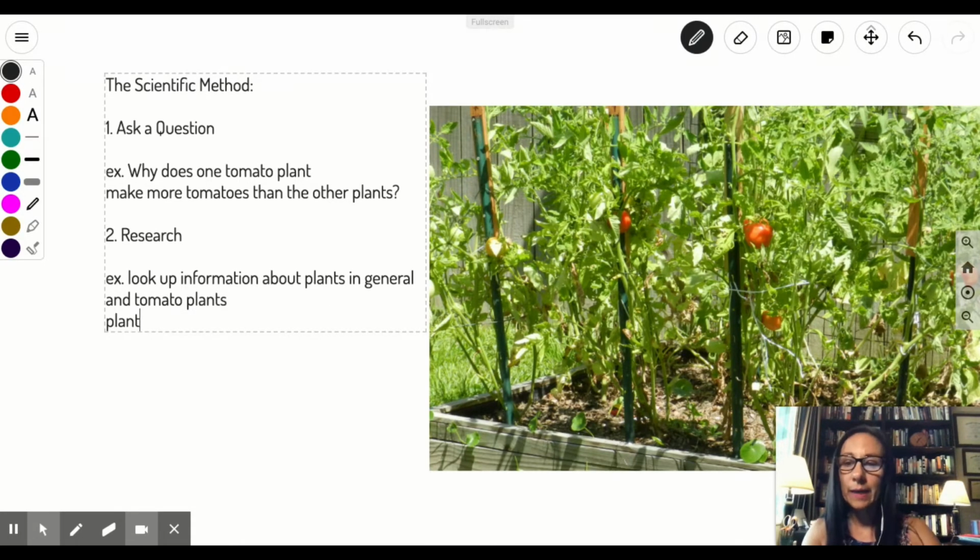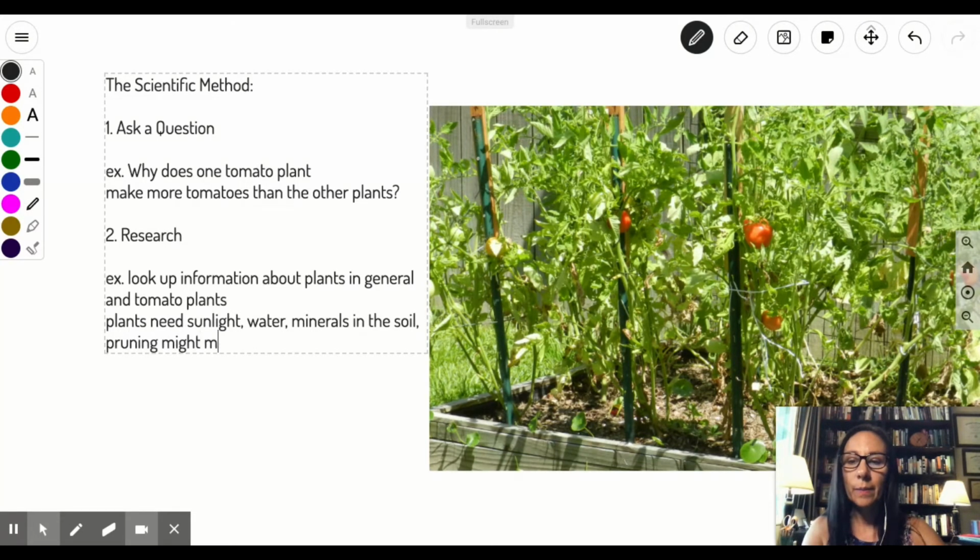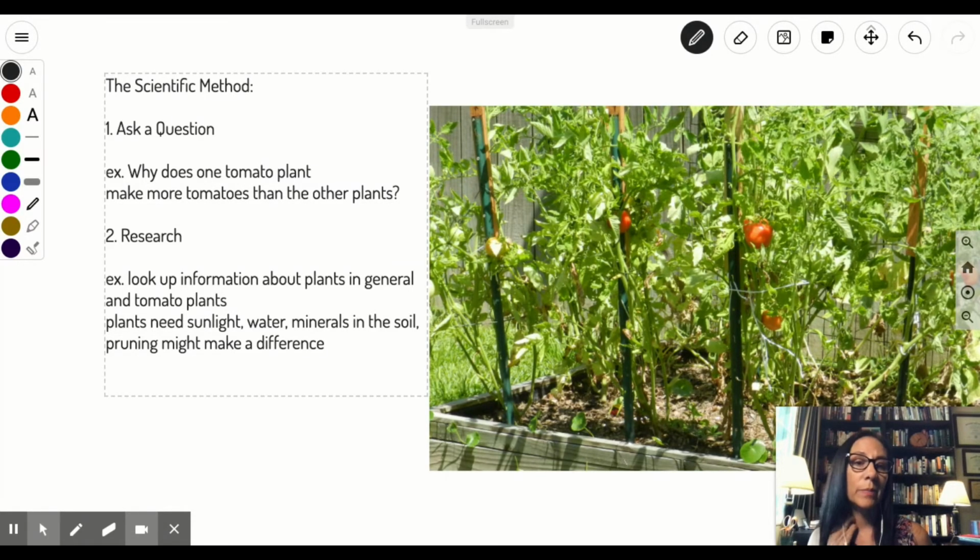I'm going to find out that plants need sunlight, and they need water, and they need minerals in the soil. And I'm also going to learn some things about pruning. Pruning might make a difference. So based on my research, I decide I'm going to try and see if pruning is the reason why that tomato plant made more tomatoes.